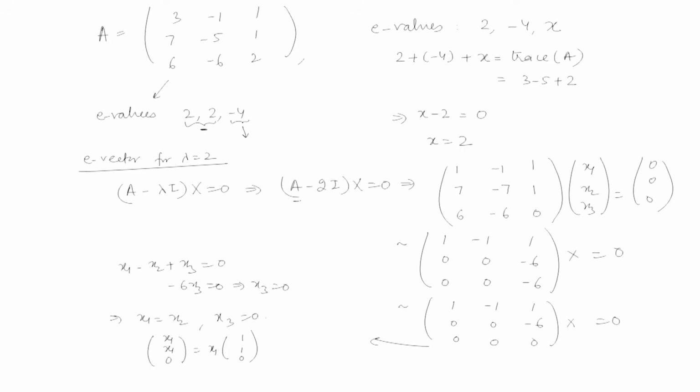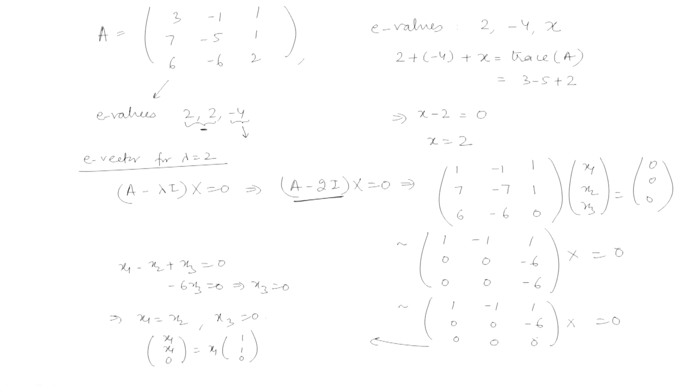You see, we have to find the null space of A minus lambda I. Here we have to find the null space of the matrix A minus 2 I. Or we can say that the rank of this matrix is 2, and the number of unknowns, or the order of the matrix, is 3.